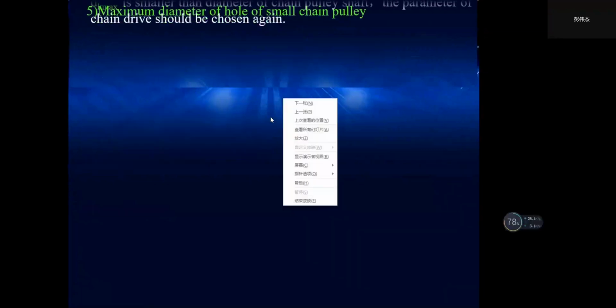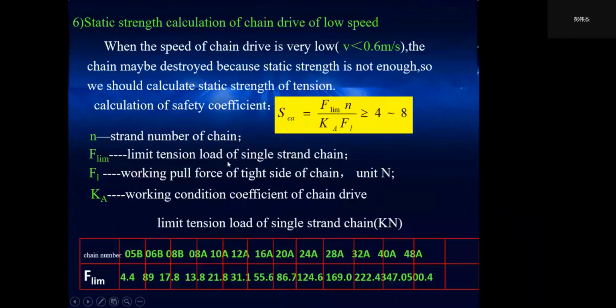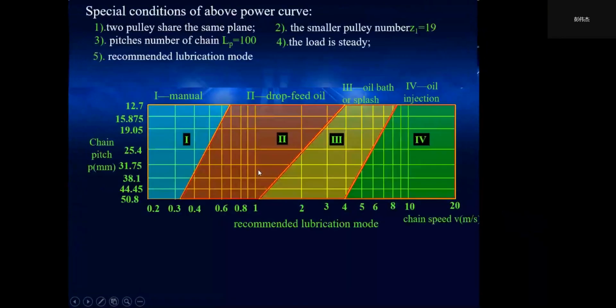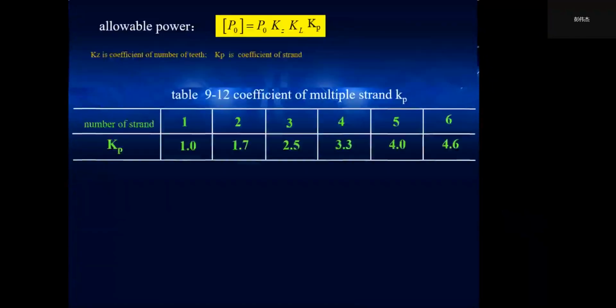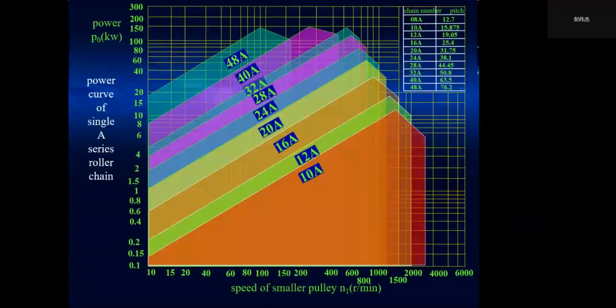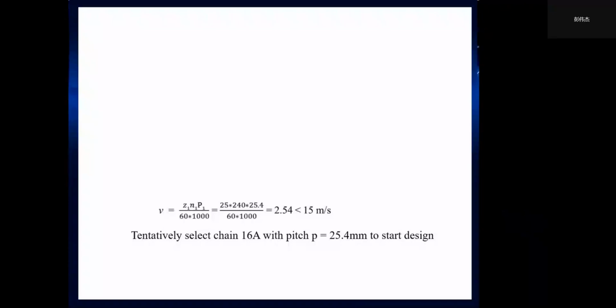In this example we select A0 as 40 times p.